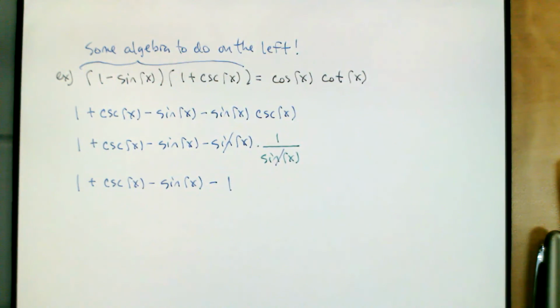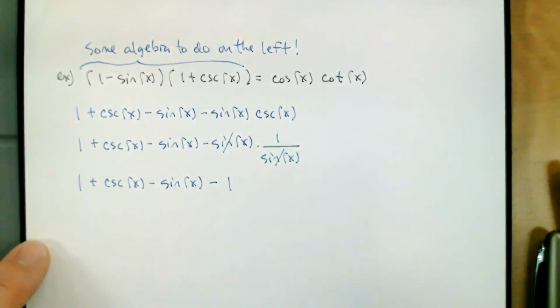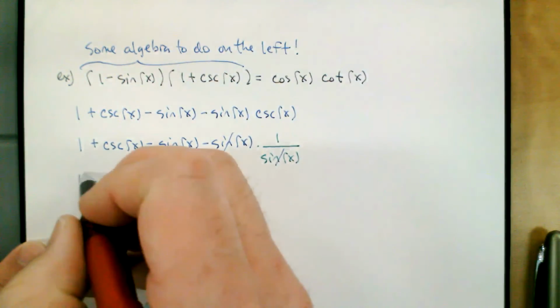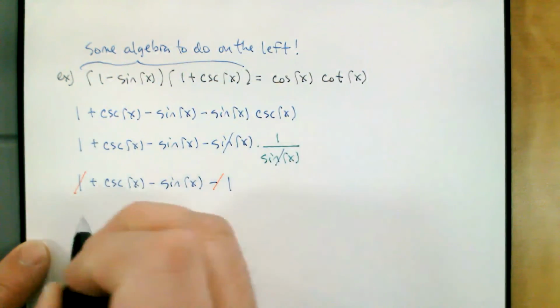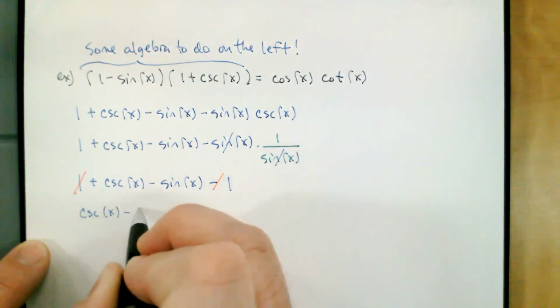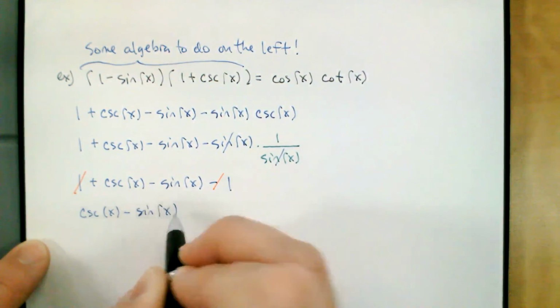Now that I've canceled out the sine and the cosecant, made that equal to 1, I have a 1 and a minus 1. So now those cancel out. That's always awesome when you're doing this and some terms cancel out. Like, oh, heck yes, I will take that. So we got cosecant x minus sine x.